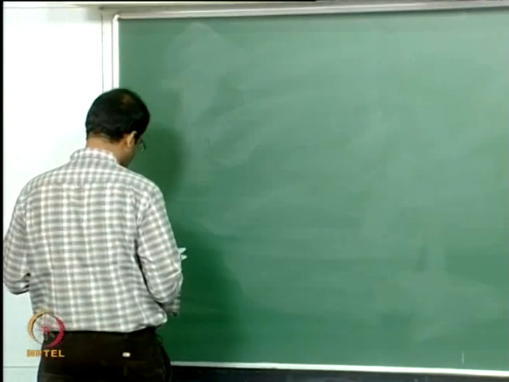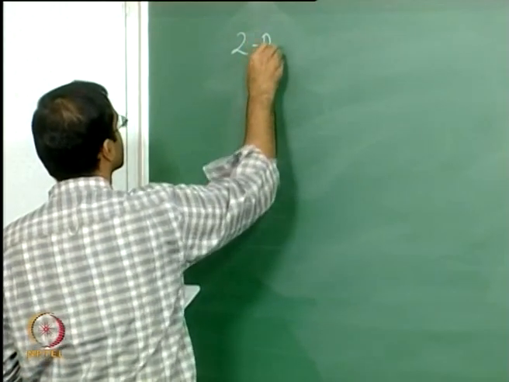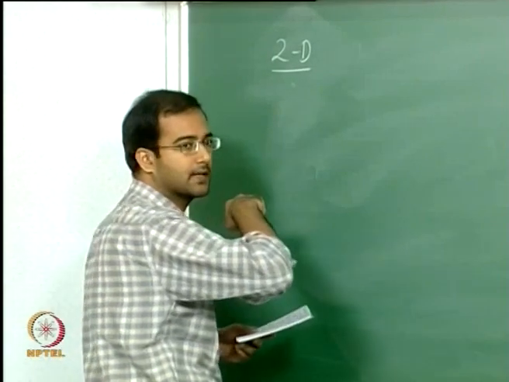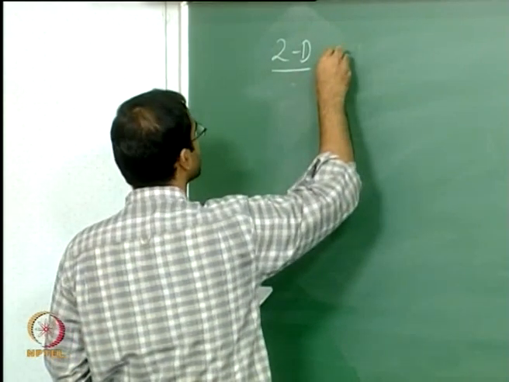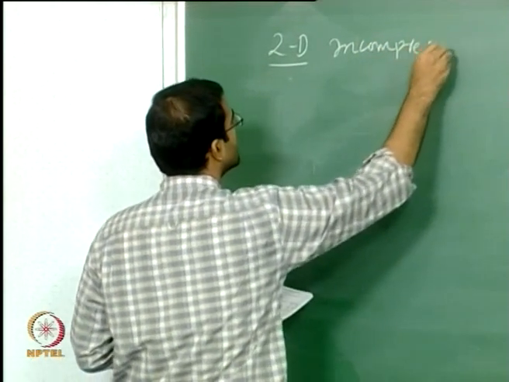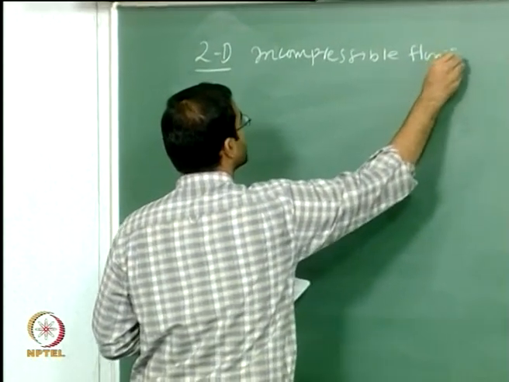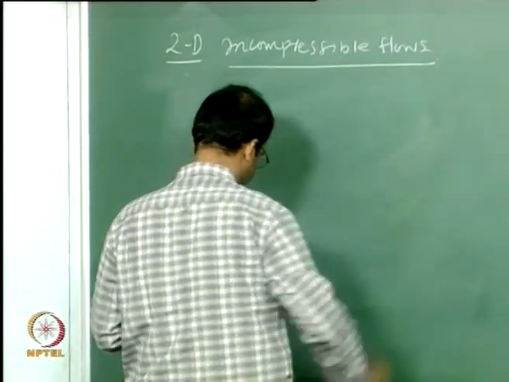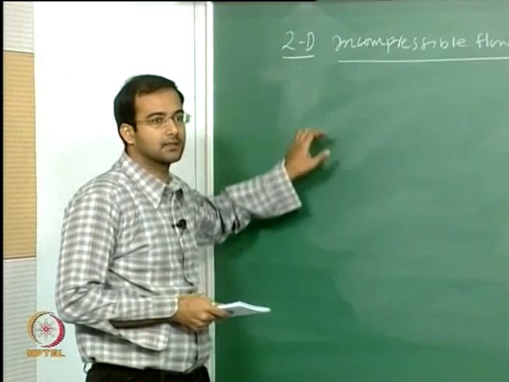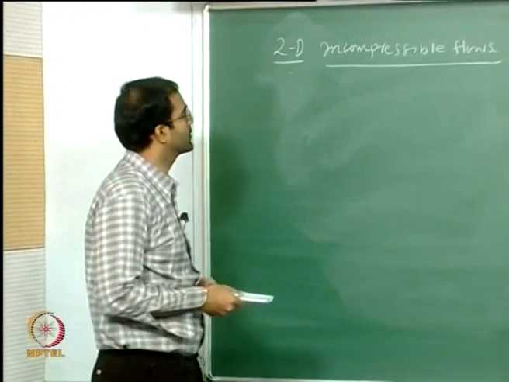So the next topic will be for 2D. This 2D is the approximation that is required. We cannot write this in 3D again. 2D incompressible flows. Let us write down the Navier-Stokes equations first, and from there we will try to derive the stream function vorticity equations.